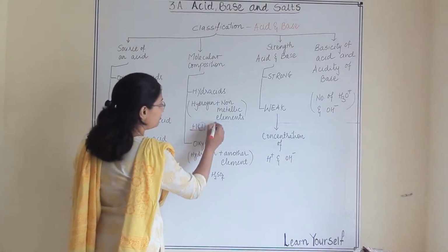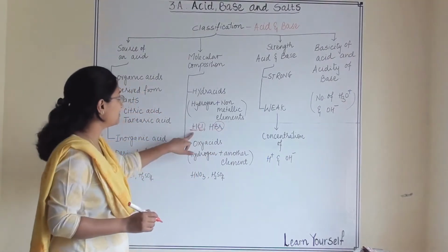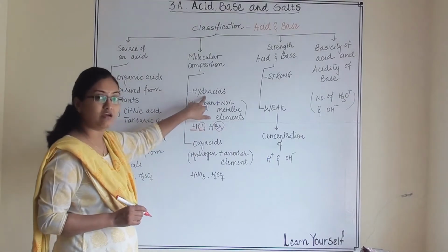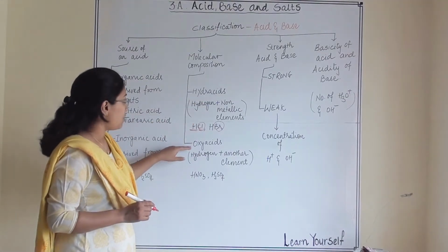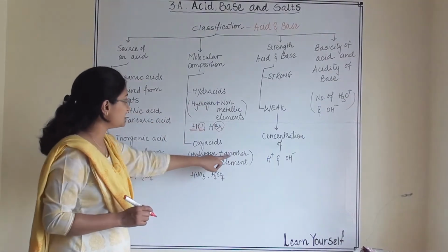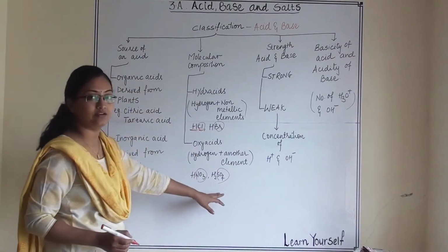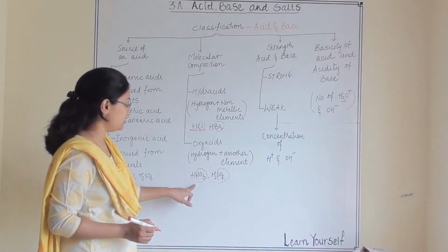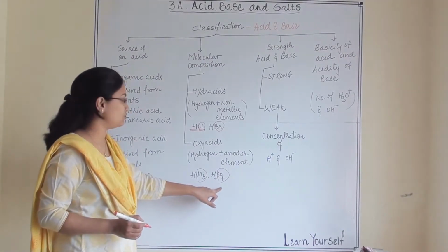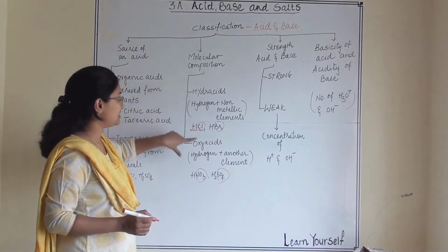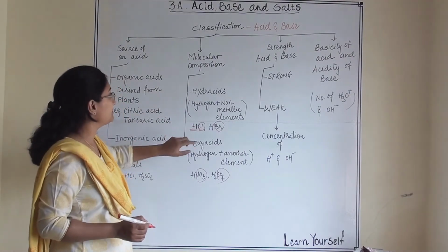Cl and bromine are non-metallic elements. They combine with hydrogen and make hydroacids. Oxyacids: the hydrogen combines with another group like nitrate and sulfate. So nitric acid and sulfuric acid will be generated. So basically there are two types, hydroacids and oxyacids.